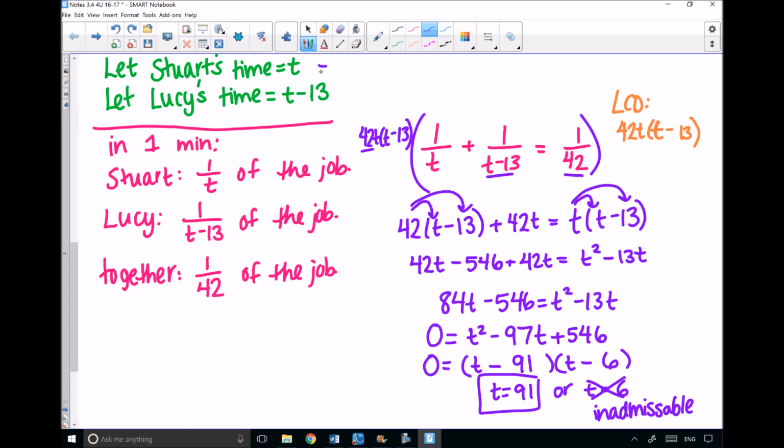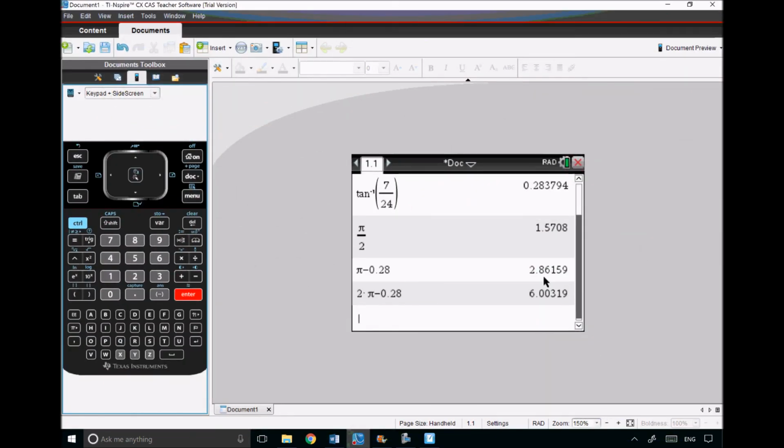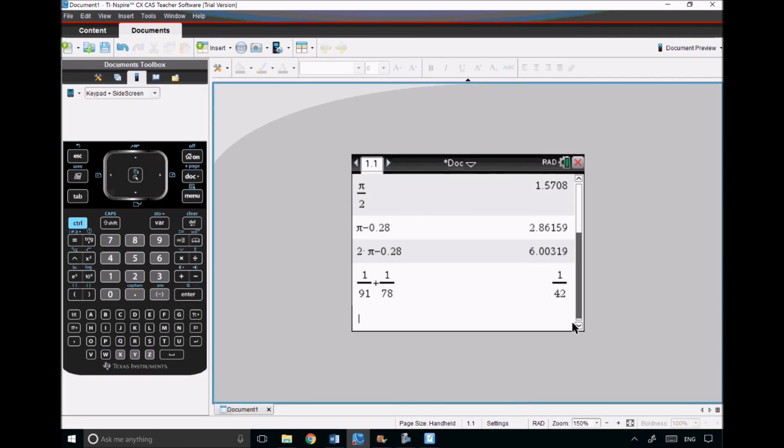So that means that Stuart's time is 91 minutes, and Lucy's time would be 91 minus 13, so she would have to take 78 minutes. So now let's just double check to make sure that this really works for us. If I figure out 1 over 91, and I add 1 over 78, I should get 1 over 42, which is exactly what I get right here.